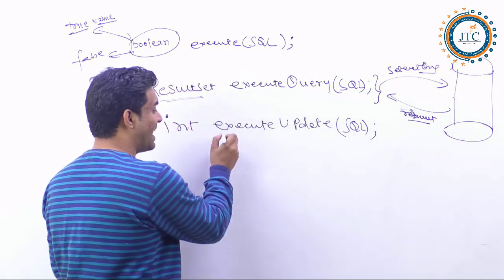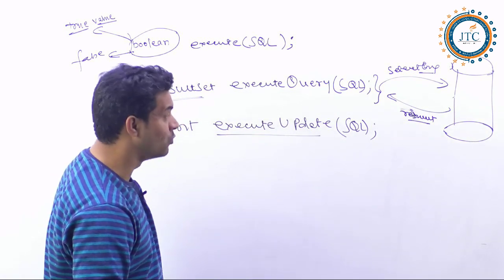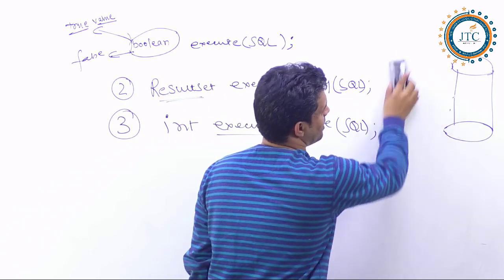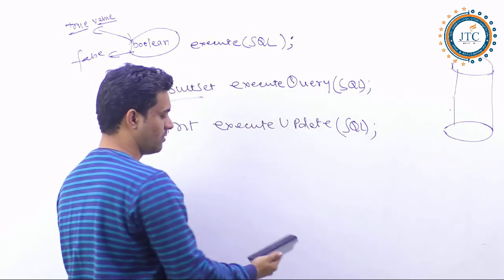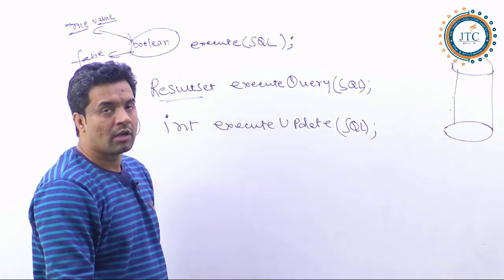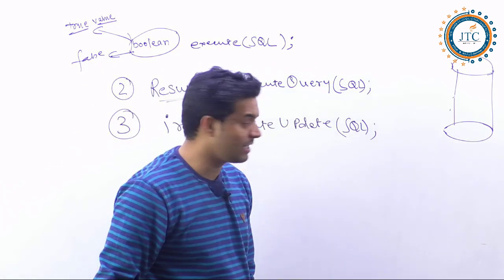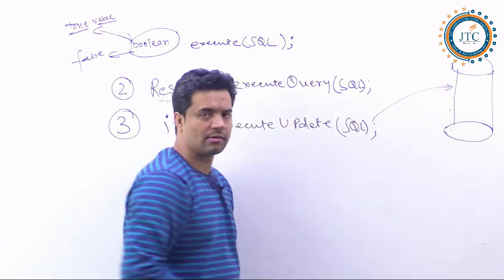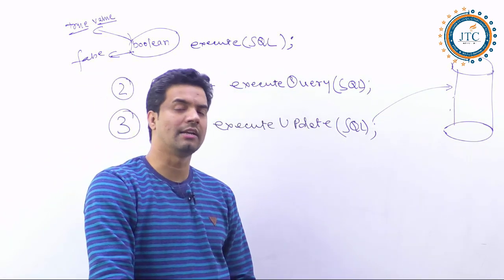And similarly here, the execute update method. What do we have next? It's the execute update method. Now when we talk about this execute update method, whatever query we are submitting to the database, make it clear here.